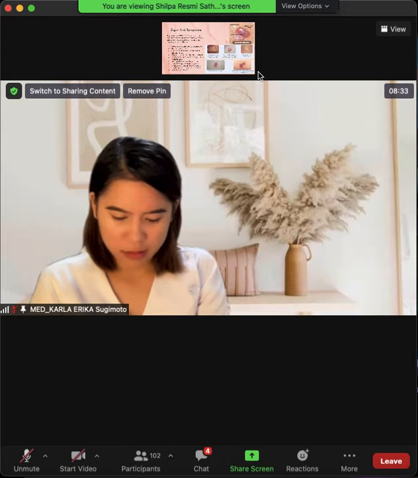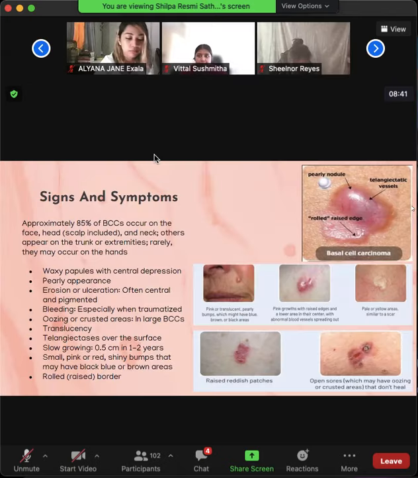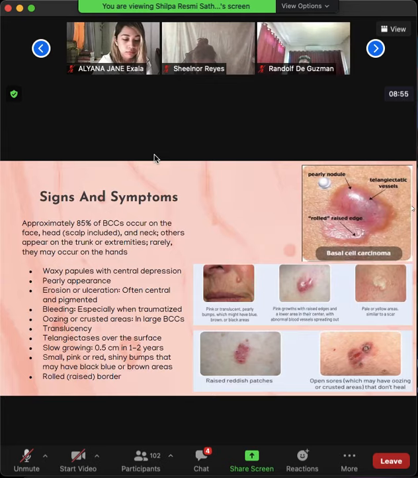And these signs and symptoms include waxy papules with central depression, pearly appearance, and erosion or ulceration, often central and pigmented, and bleeding, especially when traumatized, or oozing or crusted areas, especially in large BCCs, translucency, and telangiectasia over the surface, and it is slow growing.